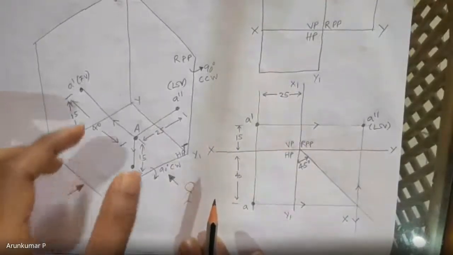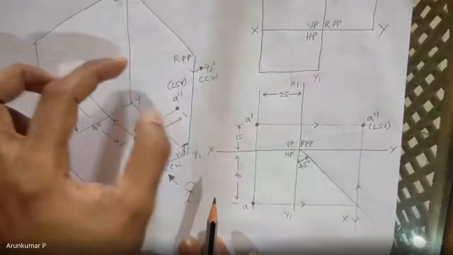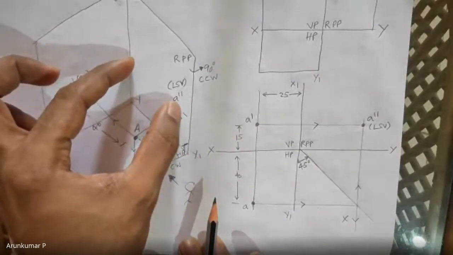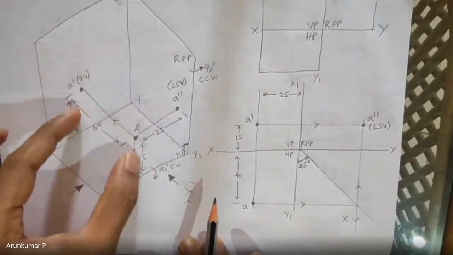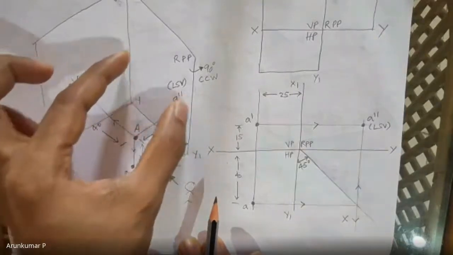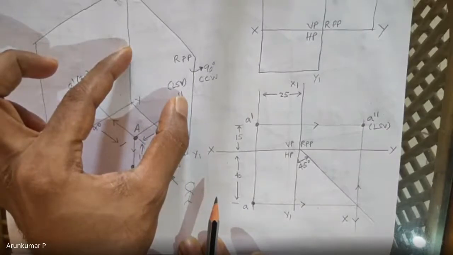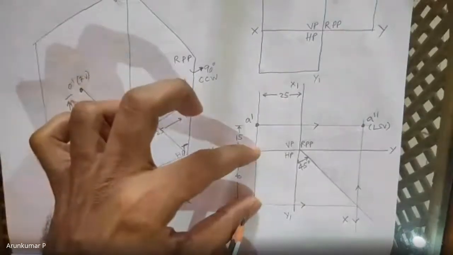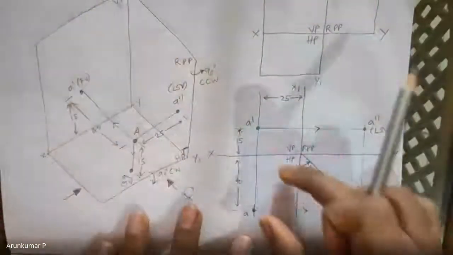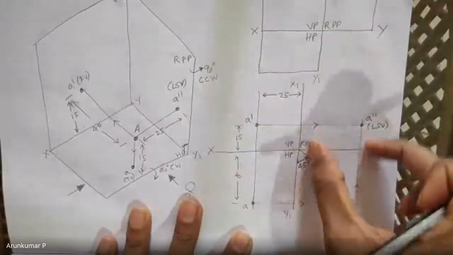Okay, and even the other one also. Now tell me, this A double dash is at what distance from this X1 Y1 line? 40. How much? 40 mm. Yes. Now this also, if you see, 40. Basically you are taking it here and then bringing it here.